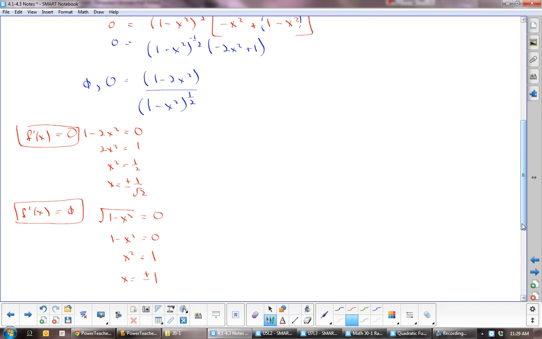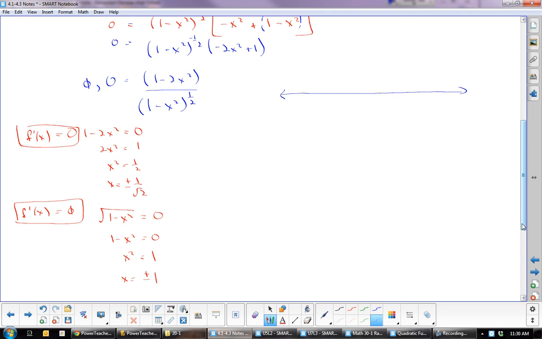Okay, so we're still trying to find maxes and mins here. Now what's 1 over root 2? You kind of want to know the decimal. It is a critical value because it makes the derivative undefined. So what is plus or minus 1 over root 2, just to get a decimal?